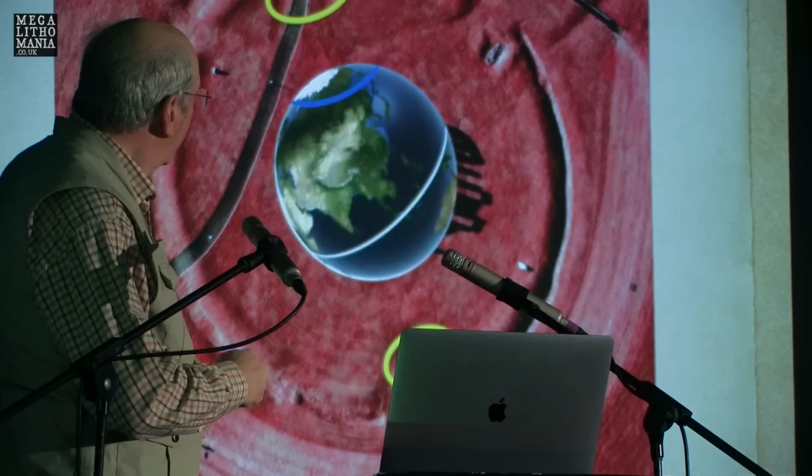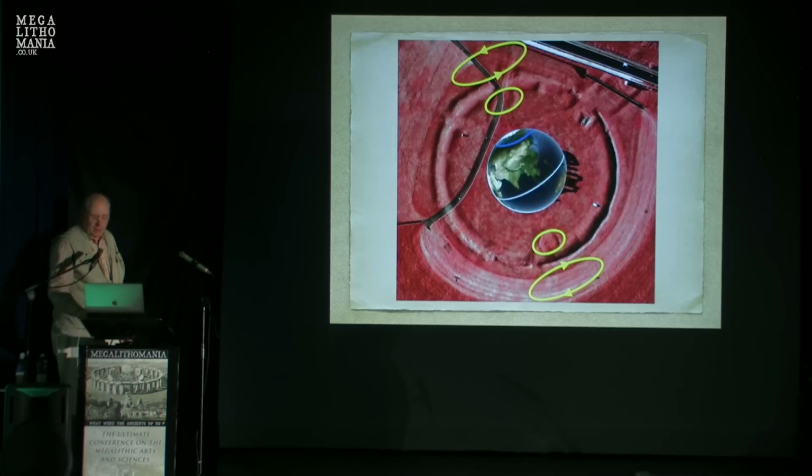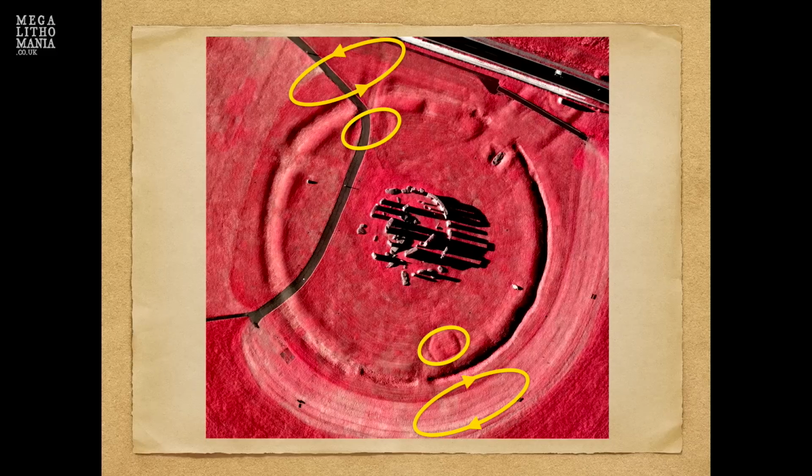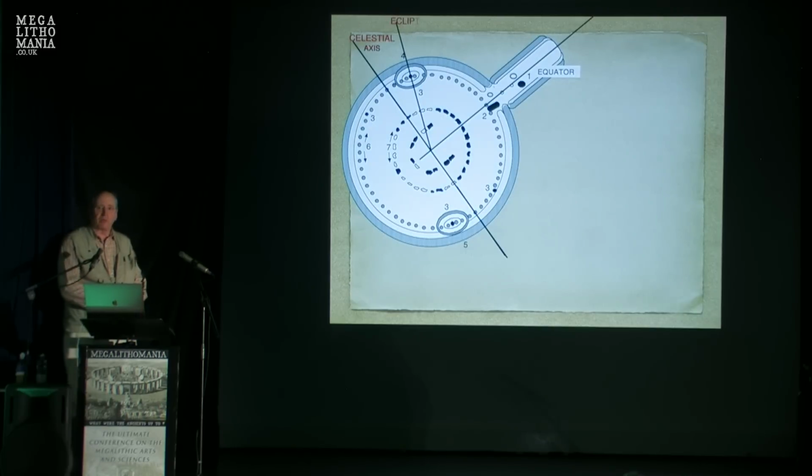And so if we can calculate the size of these circles, then we can get another date, much the same as we did for Avebury. So let's clean this up and go back to the original image. Okay, we're back to Stonehenge. So let's look at a diagram of Stonehenge and see if we can calculate how big those circles are.